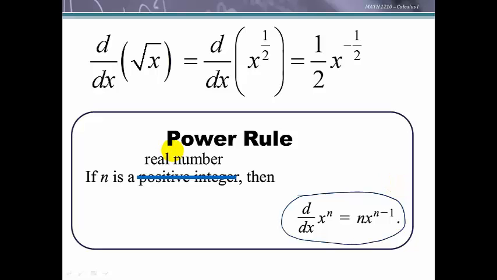As we apply the power rule here, basically we multiply the power out in front and then we decrease the power by 1. Our power was 1/2, and if we decrease that by 1, we get 1/2 minus 2/2, which is negative 1/2. So the power rule applies when we have x to the n, where n is any real number.